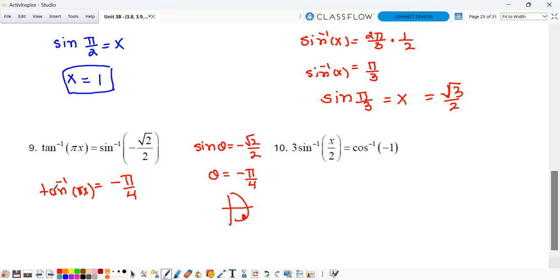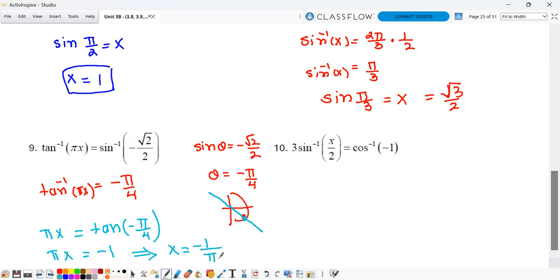Again, to solve for this, you take the tangent on the other side. So tangent of negative pi over 4 is equal to pi x. Back to the same place, but for tangent I have to look at the slope. So what is this slope? Negative 1 equals pi x. Solve for x, which is negative 1 over pi.